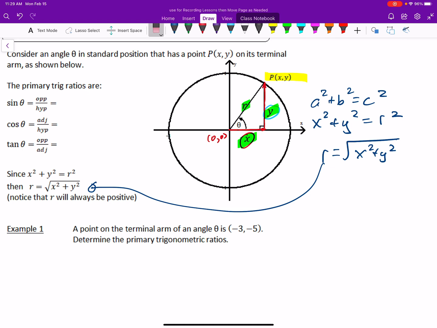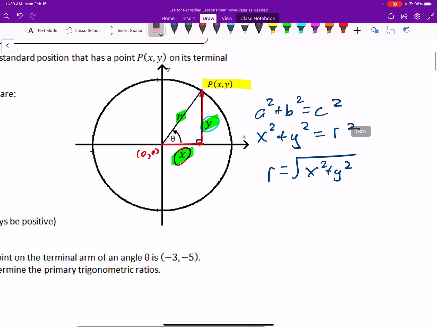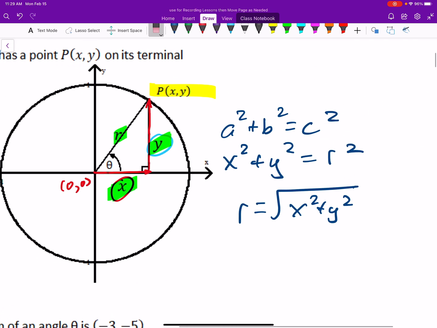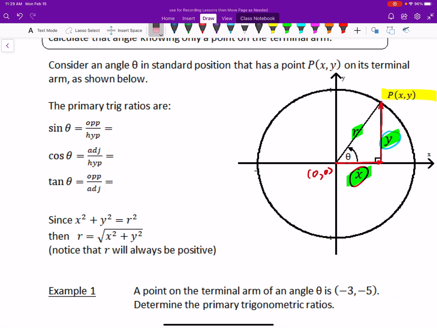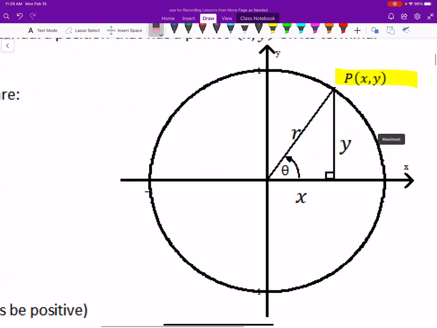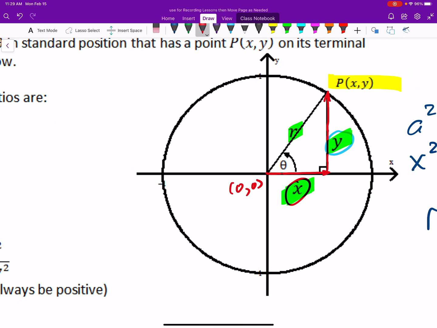Exact same results. I'm using the Pythagorean theorem to explain it over here, and it's using the equation of the circle over here. But either way, we get to the same point: we can know what the radius is if all we know is a point. So we can know x, y, and r, all three sides of this right triangle, simply by knowing what a point is.